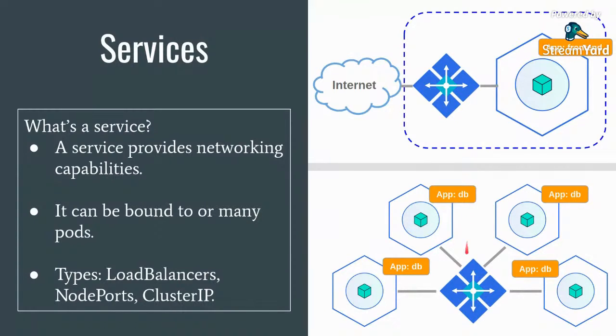Then you can tell this load balancer, any request you get, reroute it to one of the pods that have the label app:db. So the load balancer gets traffic from the outside internet and reroutes it to the pods which have that label. And like usual, it goes to the pod, to the container, and a response goes back out to the user. Fairly simple. So this 100% solves the networking issue.